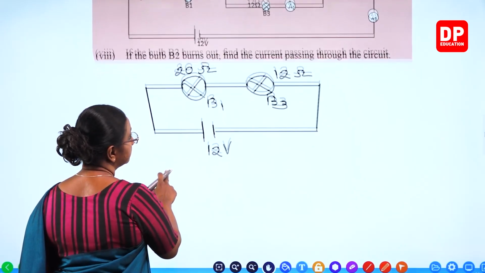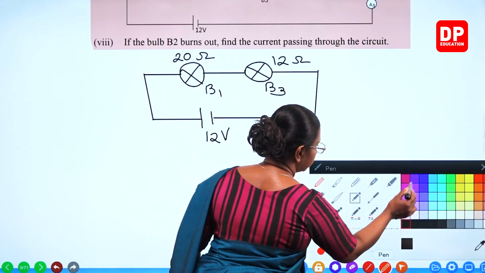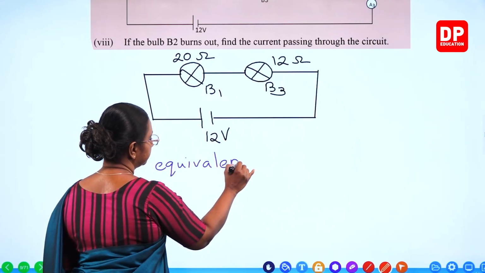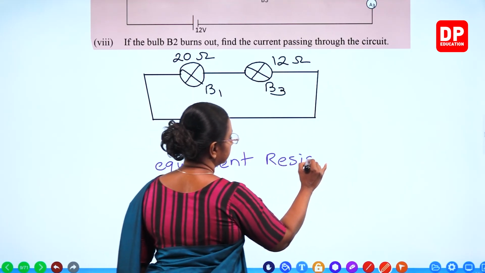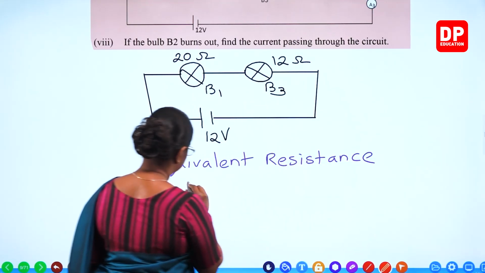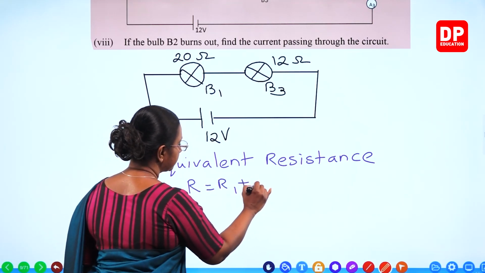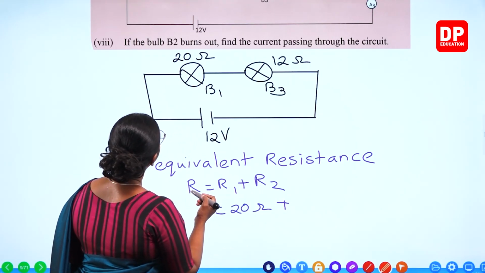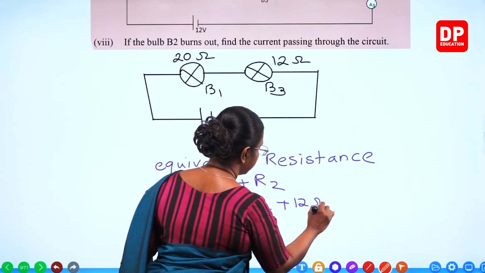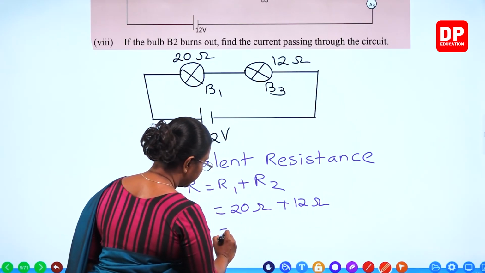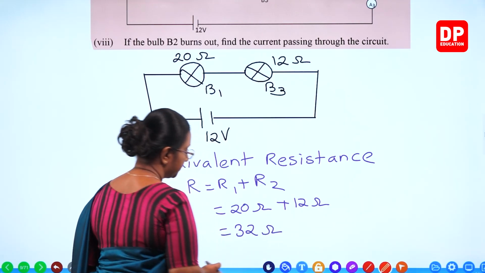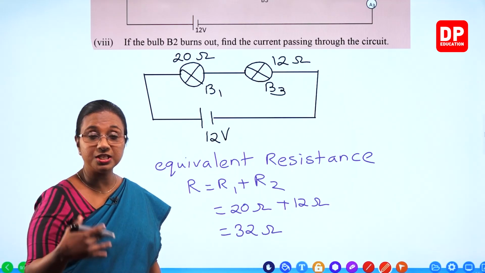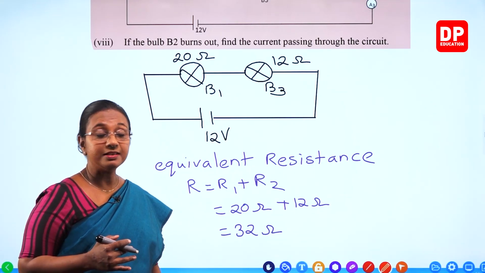So then, equivalent resistance, R equals R1 plus R2. So R1 20 ohm plus 12 ohm. So that is equal to 32 ohms. Now also you can understand, students, when the combination becomes a series combination, the equivalent resistance increases further.